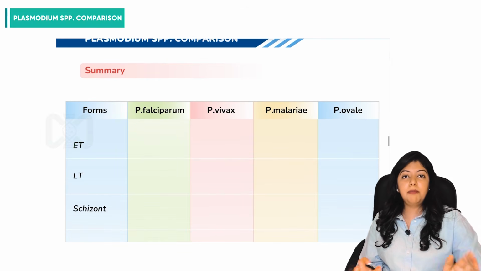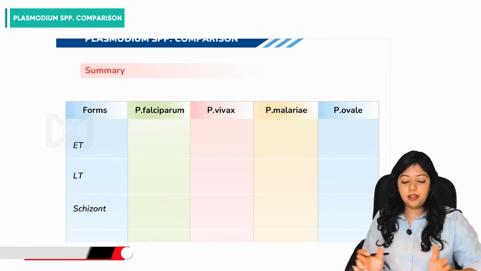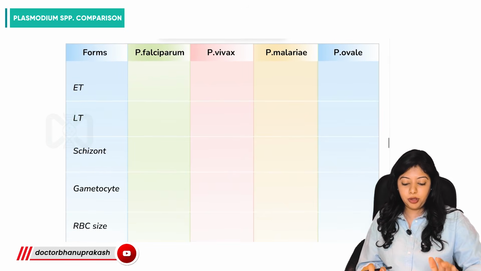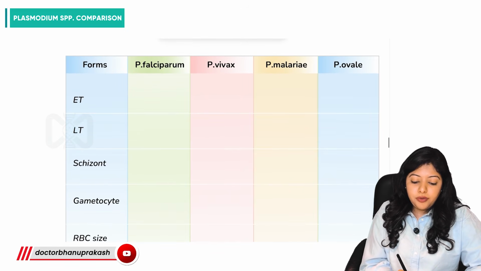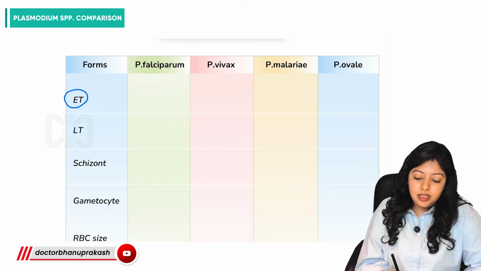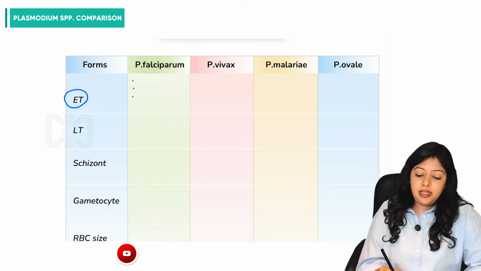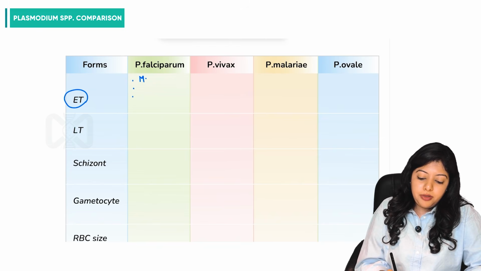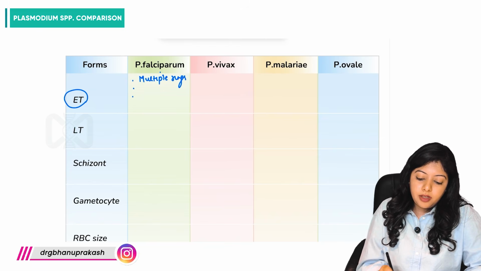Now let's compare all of these and summarize them in a tabular manner. Early trophozoite for Plasmodium falciparum has 3 things: multiple rings, double dots, and a coliform.